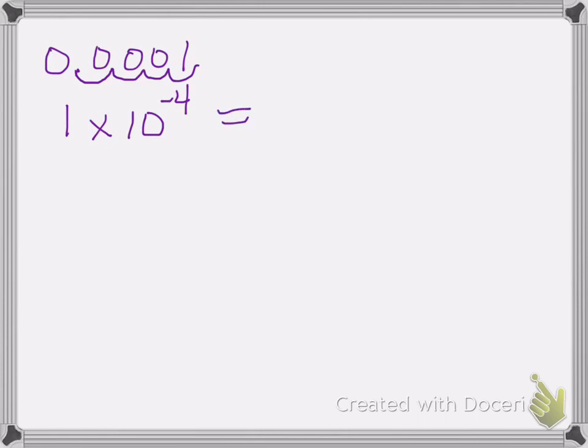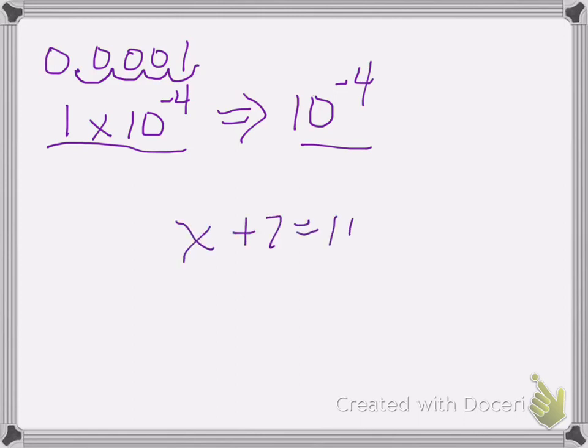Sometimes, though, and maybe a little bit lazily, you see that we can remove the 1 times, as it would be understood, and just write 10 to the minus 4. 10 to the minus 4 is identical to 1 times 10 to the minus 4. It is just a way to write it in a very simple way because the 1 is understood. Similar to if I have x plus 7 equals 10, it's understood that it's 1x.